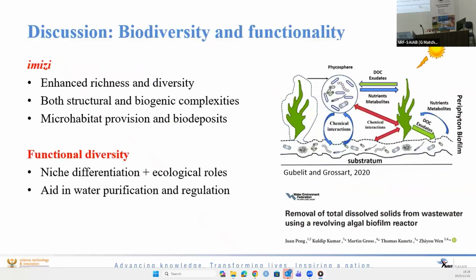So when we look at the Emisi design scale, the mesostructure significantly enhanced species richness and diversity, suggesting that both structural and biogenic complexities increased available niches by promoting microhabitats and also possibly through nutrient enrichment from mussel deposits. This was further observed with an increase in functional richness from the seeded treatment, which shows expanded niche differentiation and ecological roles that could aid in regulating services such as water purification as the diatom community develops over time in this design.